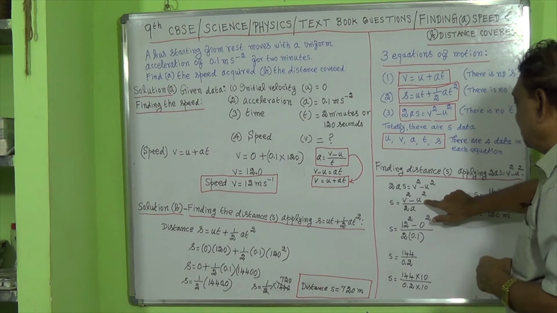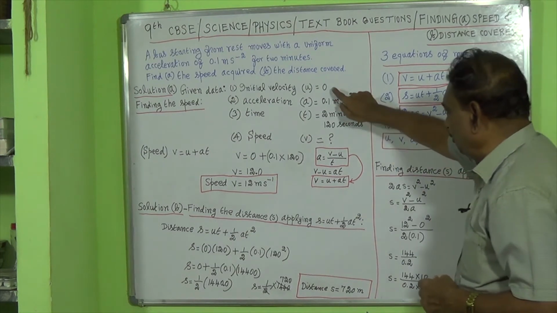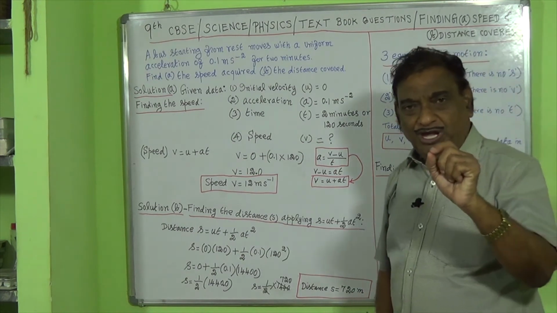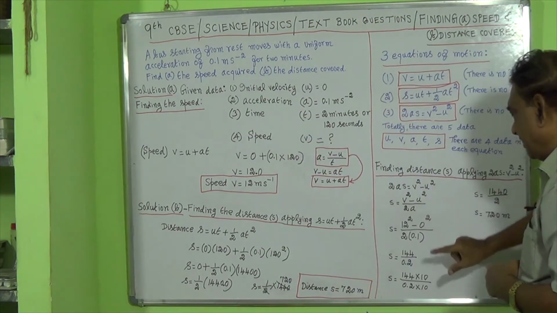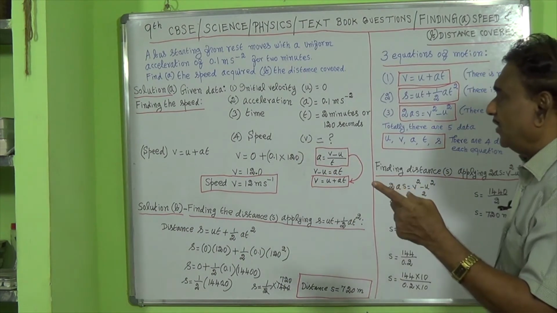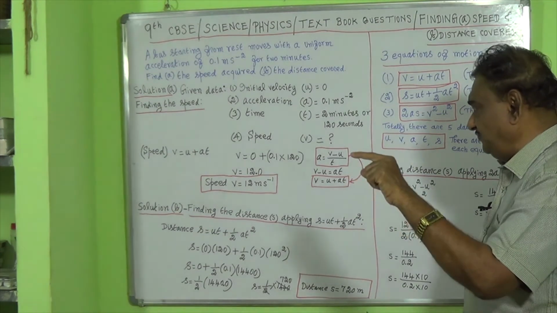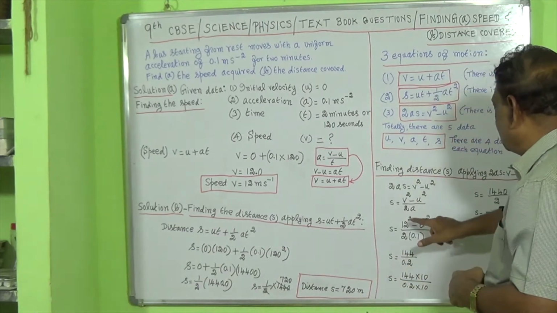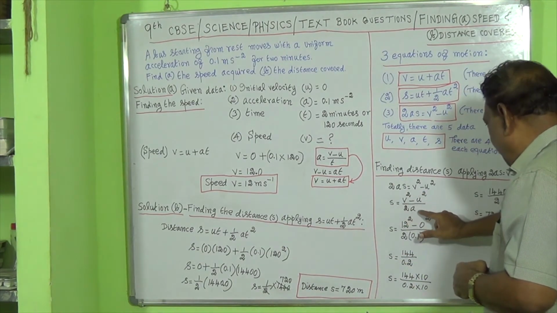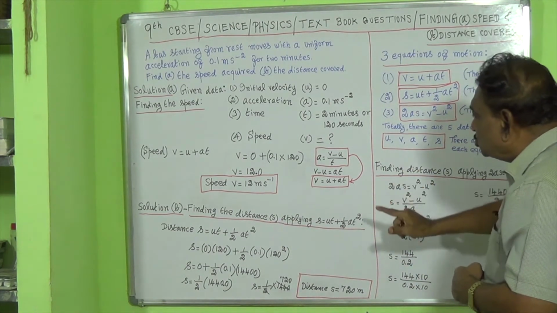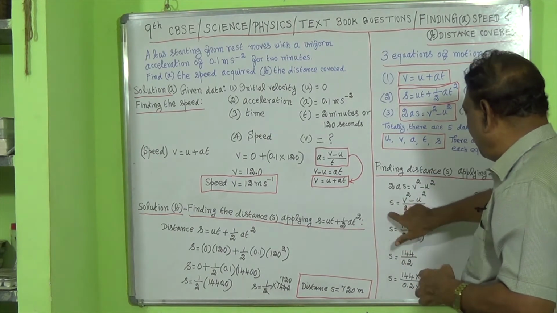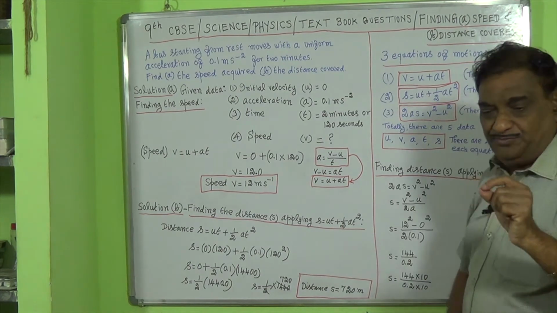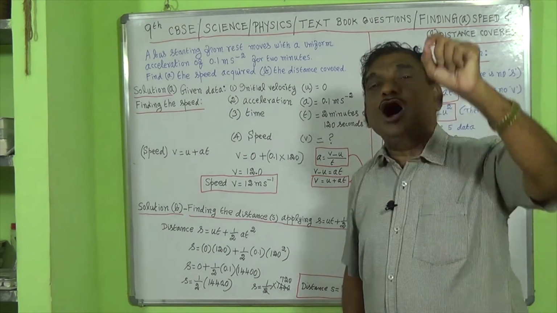The initial velocity is provided as 0, the acceleration is supplied as 0.1 meter per second square. We have found the final velocity V equal to 12 meter per second. So if we substitute all these 3 data, we can also find the distance covered from this third equation of motion also.